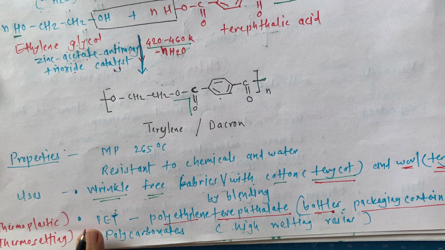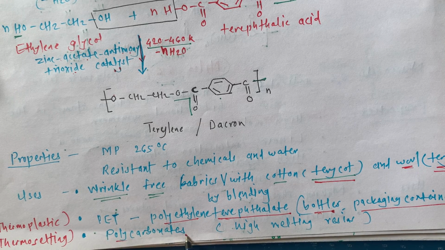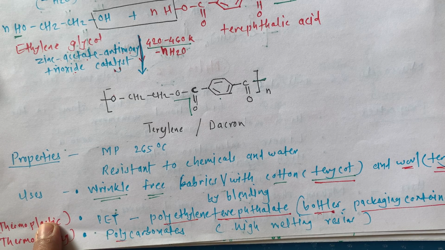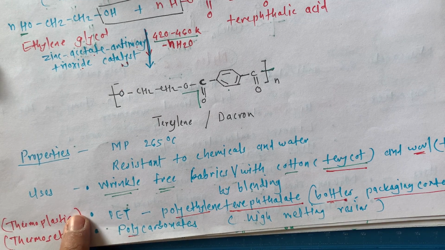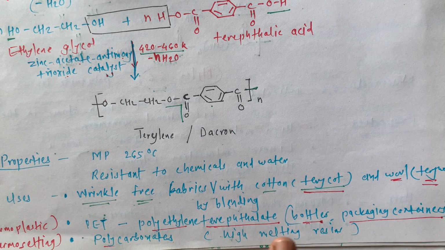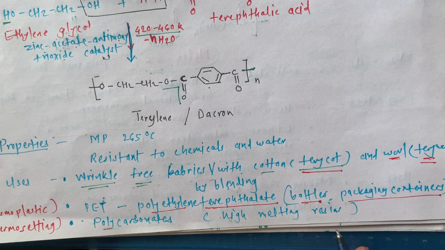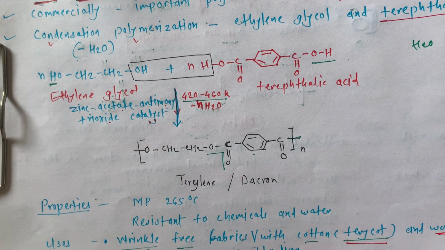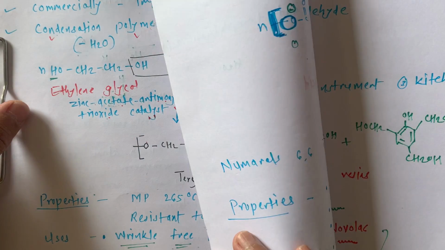On so many bottles this abbreviation is written, so you have to know what it is made of. Another one is polycarbonates. They are thermosetting, while these are thermoplastic. In the last lecture I explained what thermoplastic and thermosetting are, and these are known as high melting resins also. As the melting point is 265, this is also known as high melting resins.